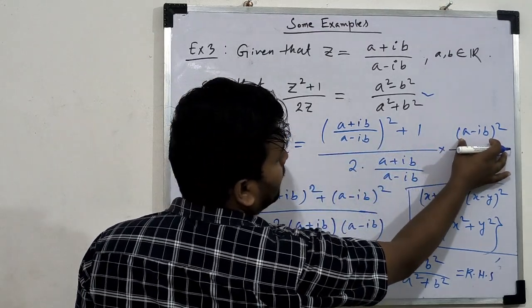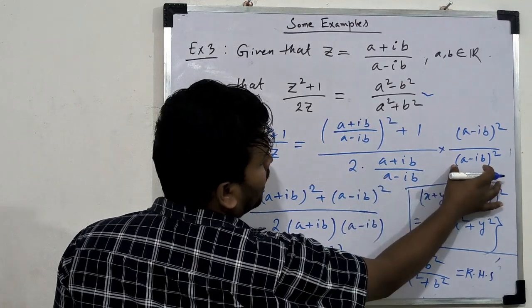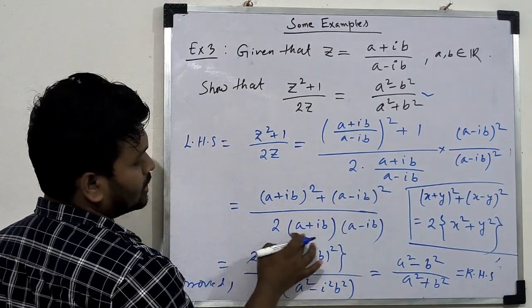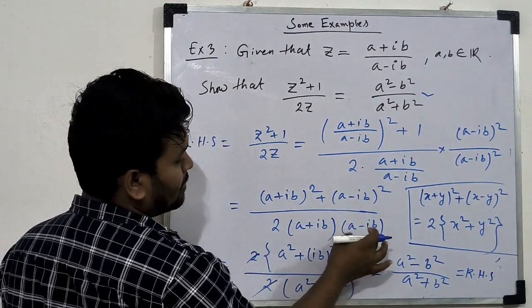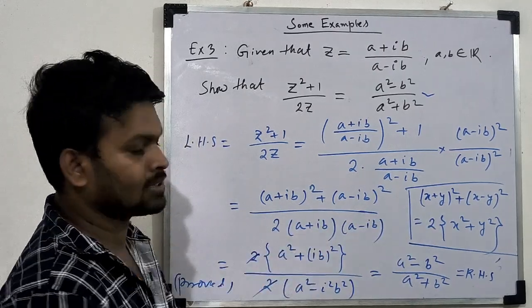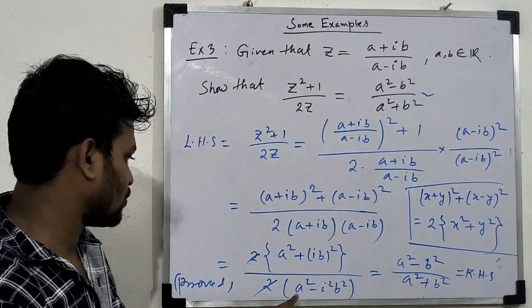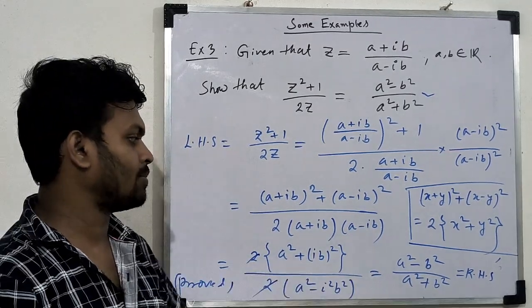So 1 a minus ib whole square cancels out, and from here 1 cancels out and 1 remains. So this becomes 2 into a plus ib and a minus ib, and we simply apply this formula, and from here a plus ib and a minus ib becomes a square minus b square. So we write this. So we simply get this.